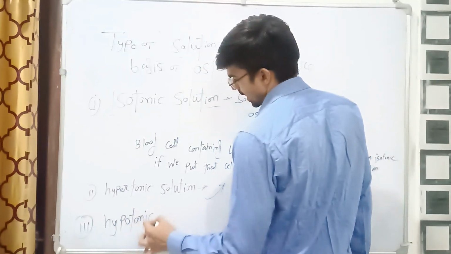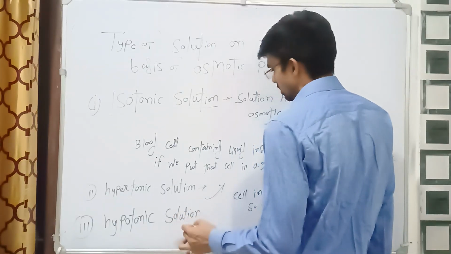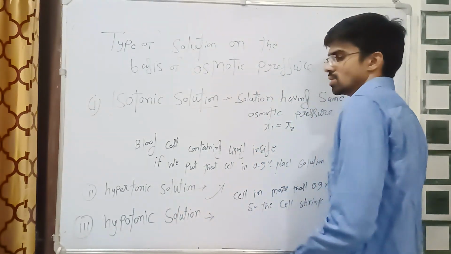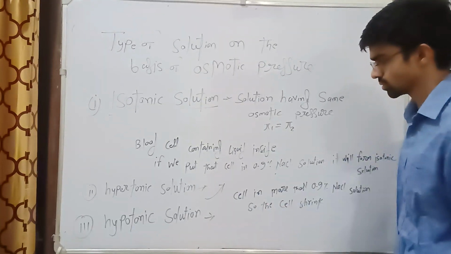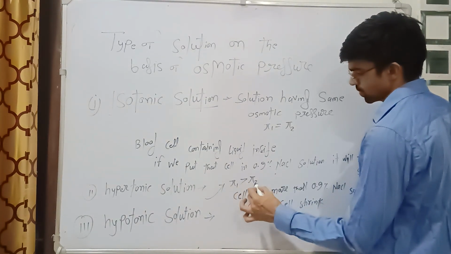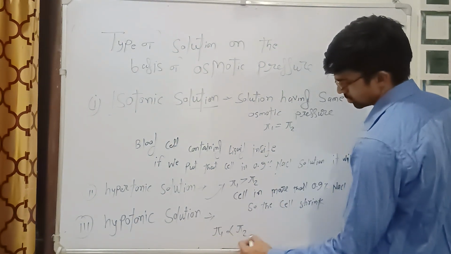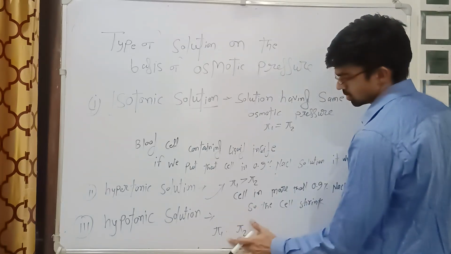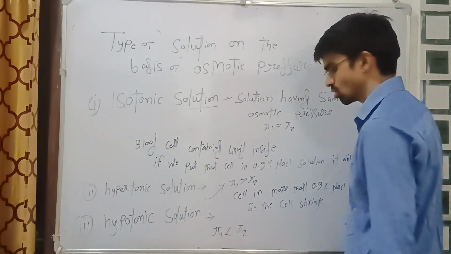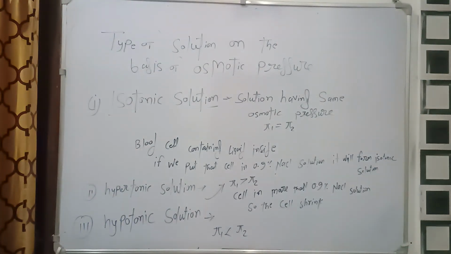Hypotonic solution is that solution whose osmotic pressure is lower than the other solution. Here pi 1 is greater than pi 2 and here pi 1 is less than pi 2. That is, the osmotic pressure of the given solution will be lesser than the osmotic pressure of the other solution.